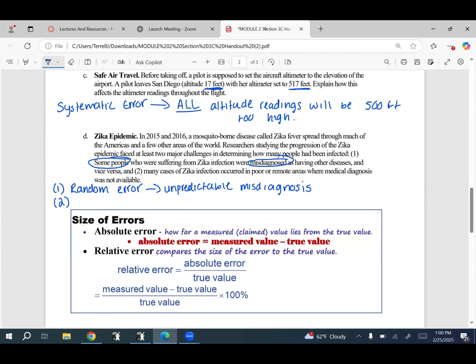The diagnosis wasn't there, but why? Due to poor or remote areas. So in this instance, all people in poor or remote areas did not receive a medical diagnosis. It wasn't available for anybody. So this is considered systematic.